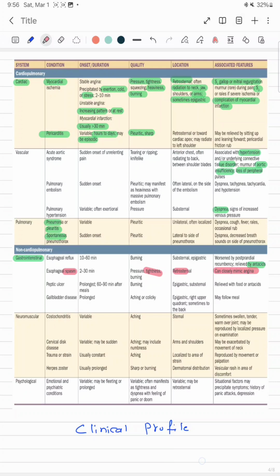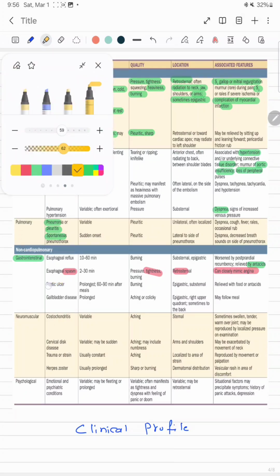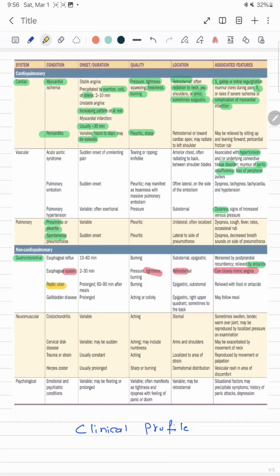Other causes include peptic ulcer disease, with prolonged duration of pain 60 to 90 minutes after a meal, burning type, epigastric or substernal, relieved with food or antacids, which is typical of acid peptic disorder. Gallbladder disease includes prolonged, aching, colicky pain, which usually follows a meal and is located in the right hypochondriac or epigastric region.